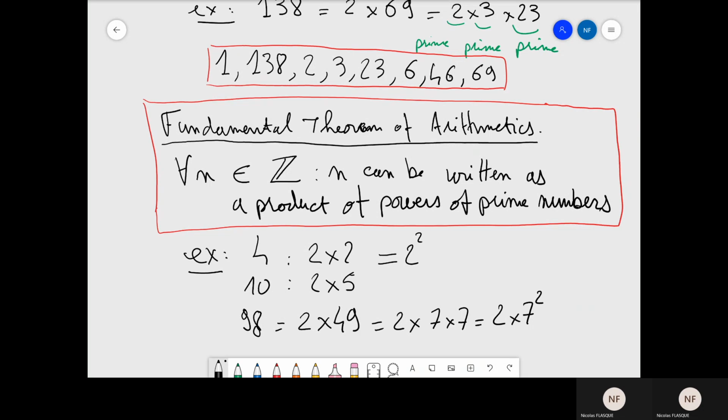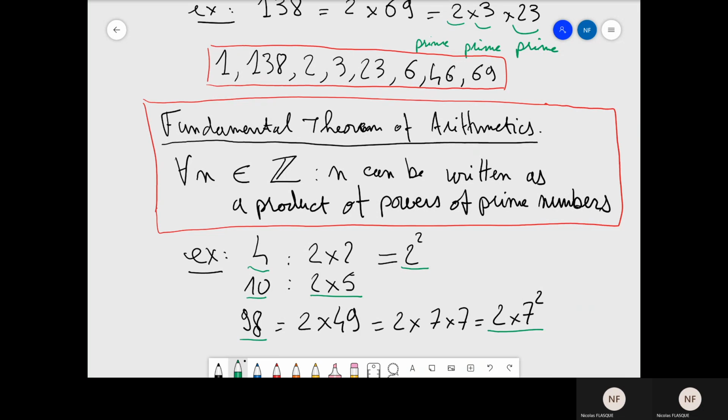So you can try by yourself with any number that you choose. You will always end with a number expressed as a product of powers of prime numbers.